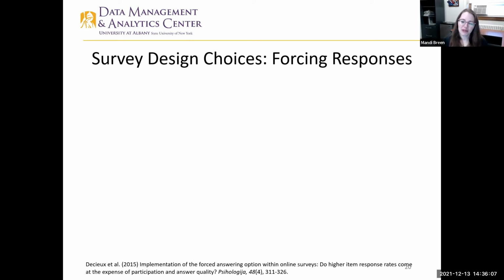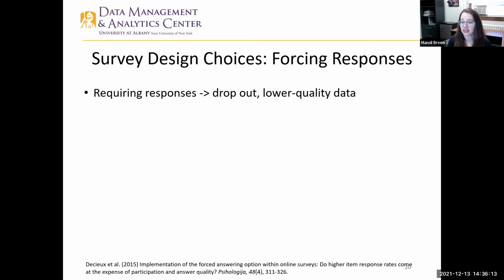So forcing responses, again, is a question we get a lot. And that forced response means, are we making them answer this question? Before we move forward, do they have to answer this no matter what? Doing so can cause dropout because if I don't have a response, or if maybe you haven't designed this question perfectly and it doesn't give me a response option that feels appropriate for me, and I have to answer it, what do I do?